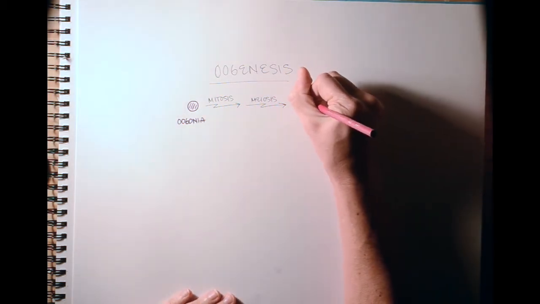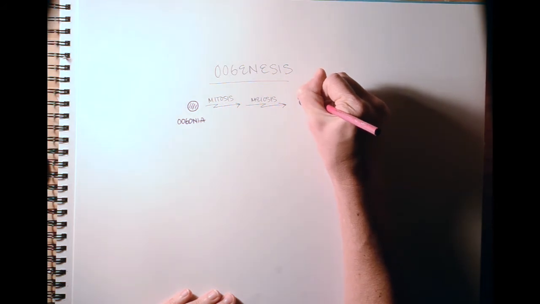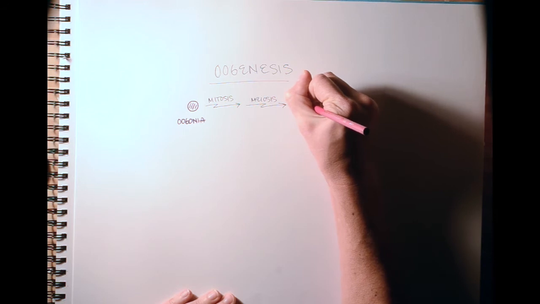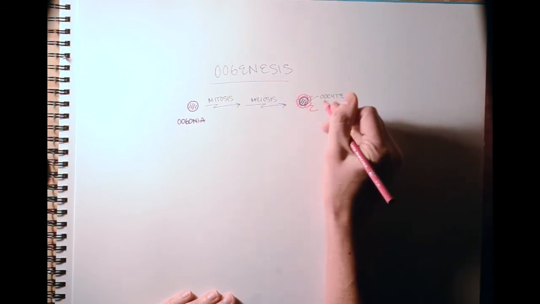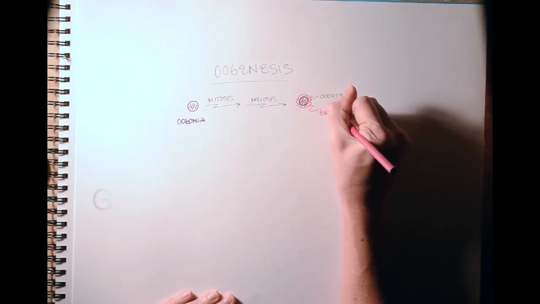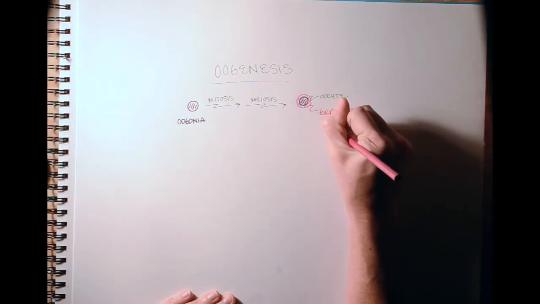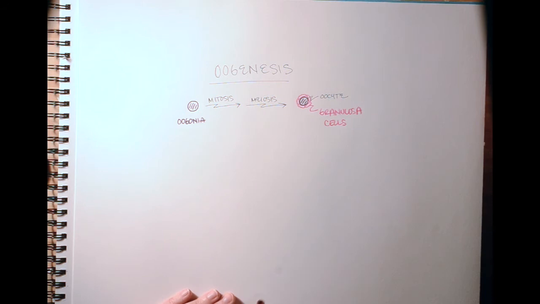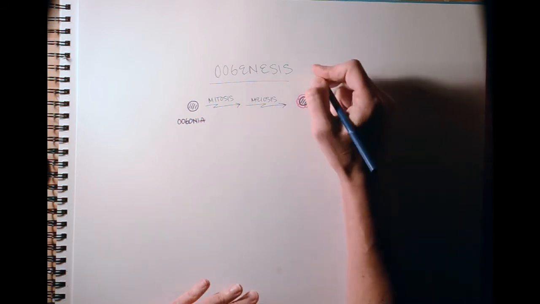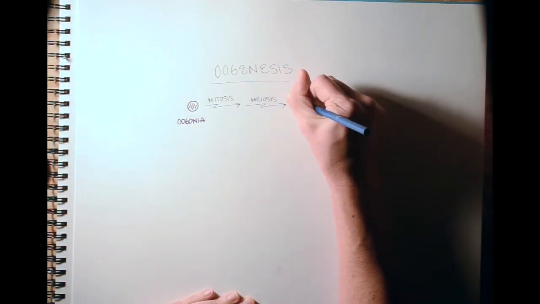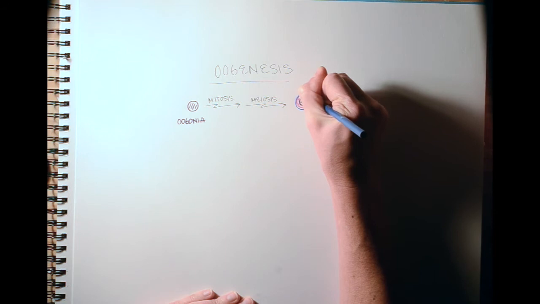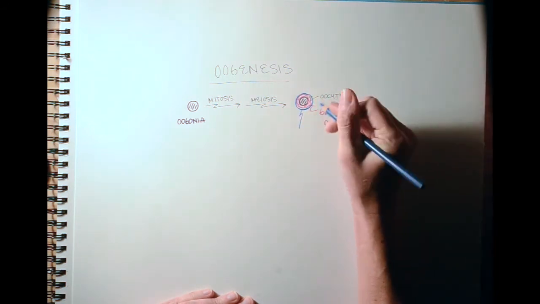This oocyte is going to be surrounded by flat epithelial cells. These epithelial cells are called granulosa cells. That's granulosa, granulosa cells. And also surrounded by a basement membrane, or we can refer to this as a basal lamina.